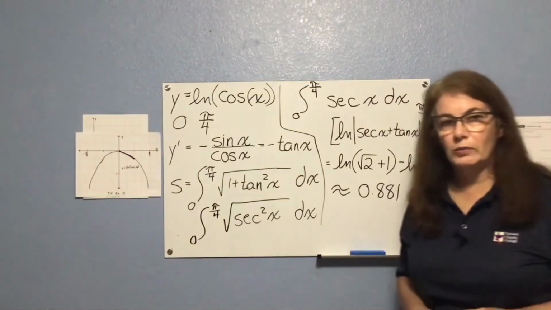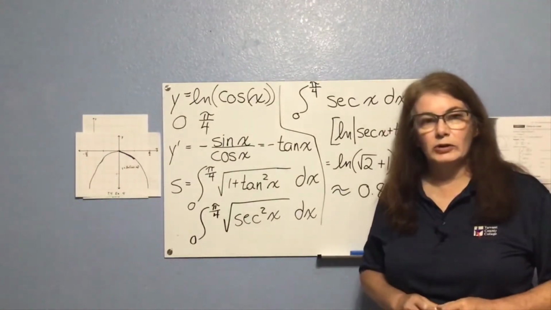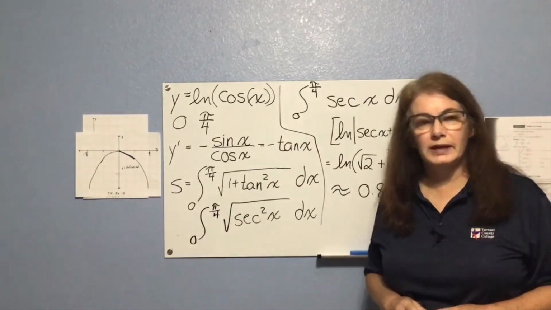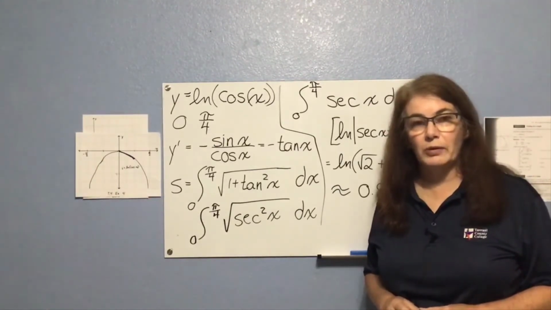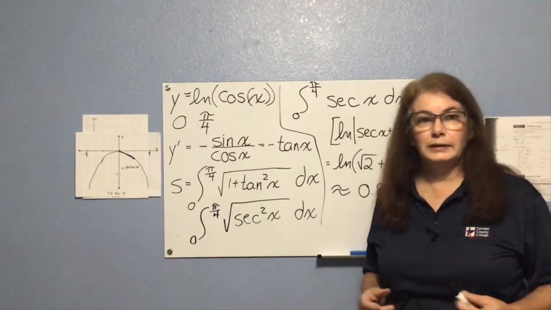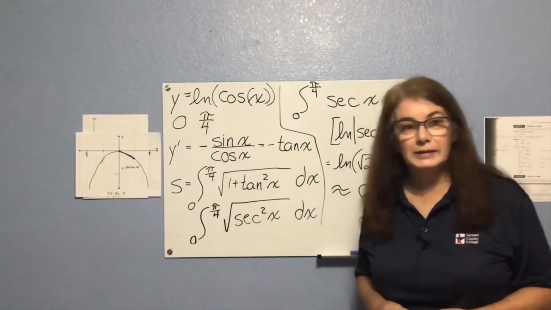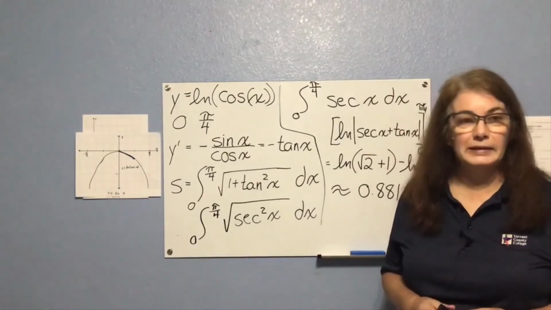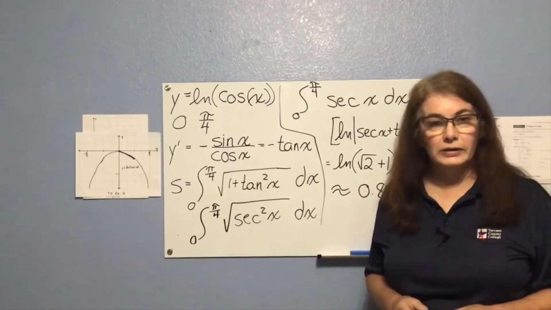As you're working your homework assignments, please make sure that you're paying particular attention to the form that's requested for your answer. They may ask for 2 decimal places, they may ask for 3 decimal places. Just follow the instructions.